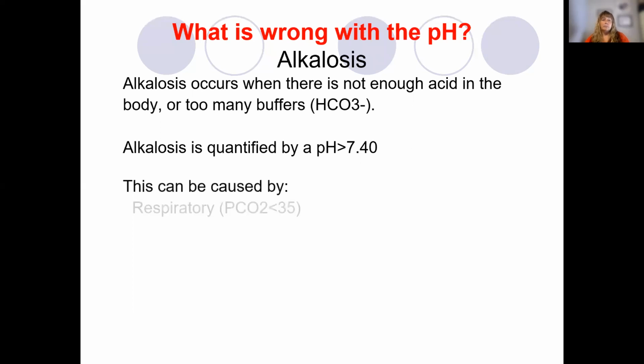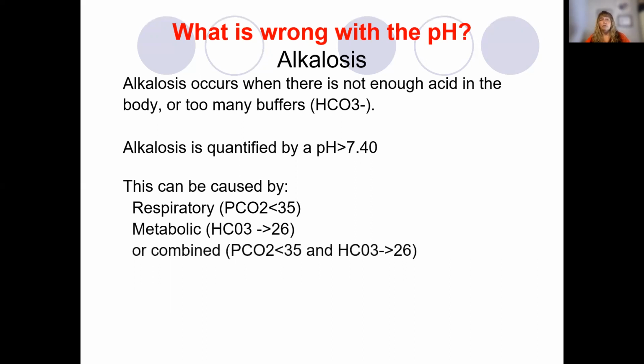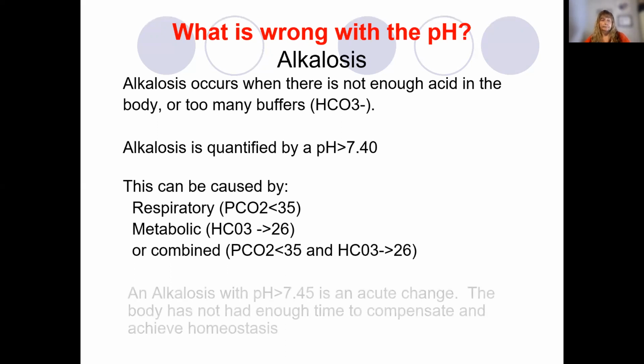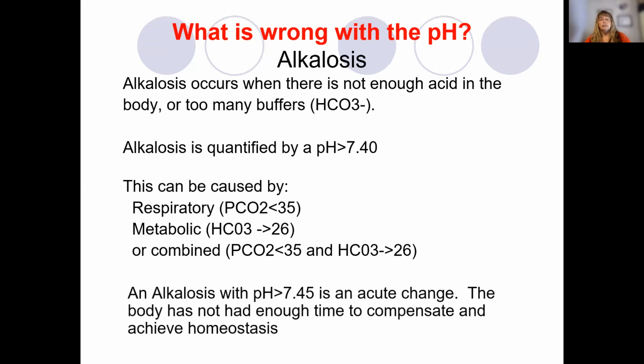This can be caused by respiratory, having a carbon dioxide level that is low, metabolic, having a bicarbonate level that is high, or combined, having both a carbon dioxide level and a bicarbonate that are out of range in the alkalotic sides. So an alkalosis with a pH greater than 7.45 is an acute change to the patient because the body has not had enough time to compensate and try to achieve homeostasis.